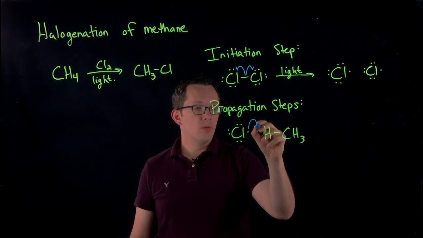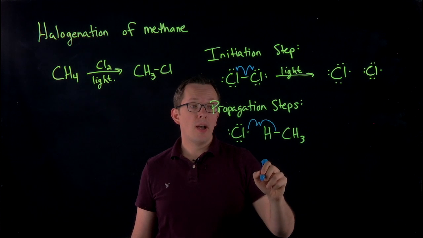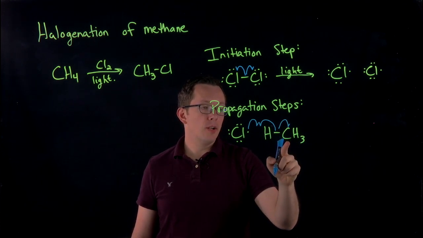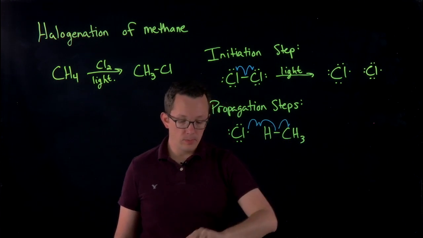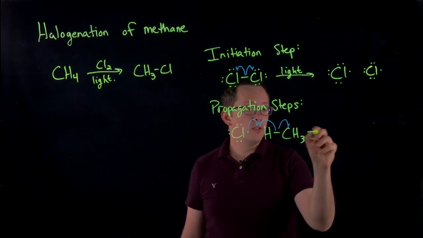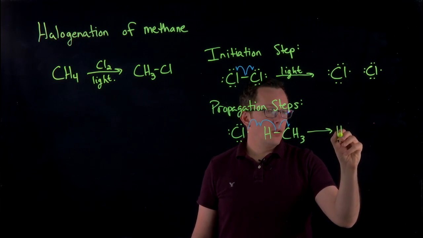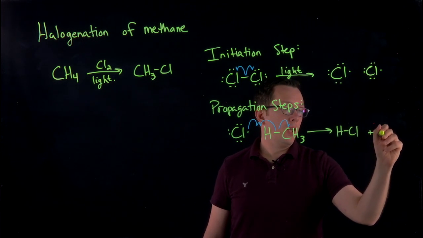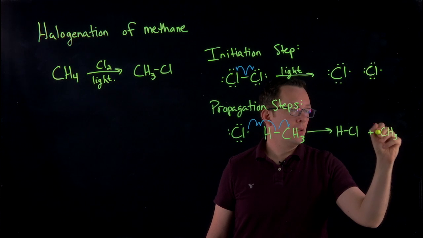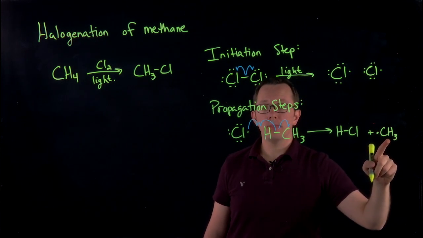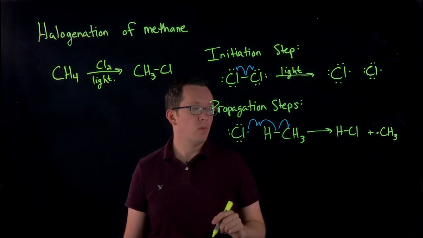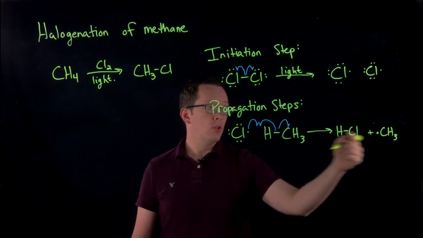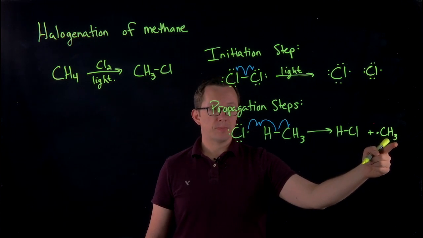So our chlorine is going to react, and it's going to form a bond to hydrogen. And we're going to be left with a radical on carbon. Right? So the product of this step will be a new HCl bond and a methyl radical. Okay? So we've converted the chlorine radical to the methyl radical.